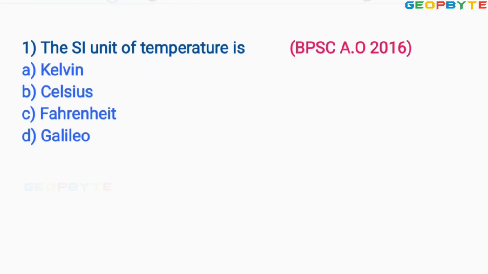The very first problem was asked in 2016 for the BPSC exam. Look at the problem. The SI unit of temperature is. Dear friends, remember the thermometer reading is generally denoted by small t, and its unit is degree centigrade in SI system.